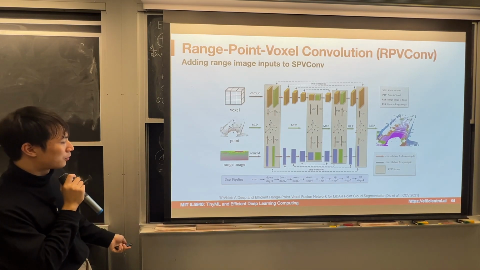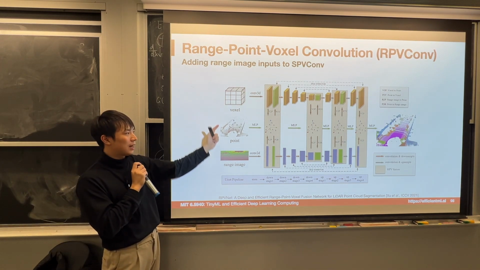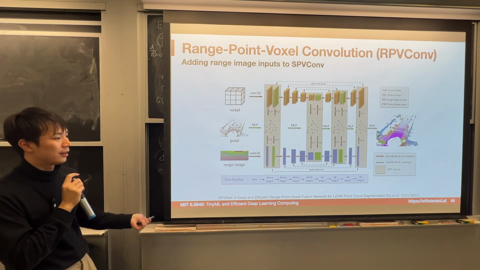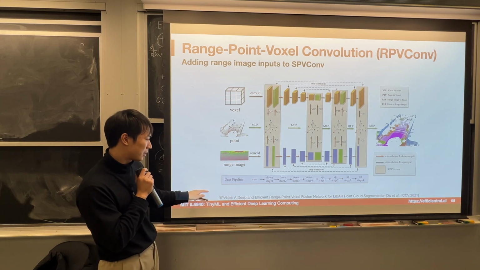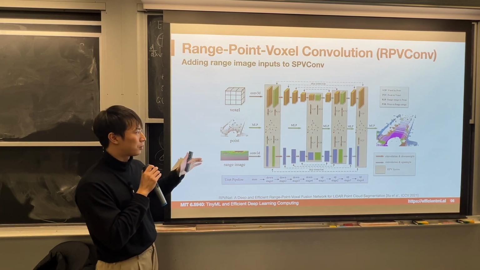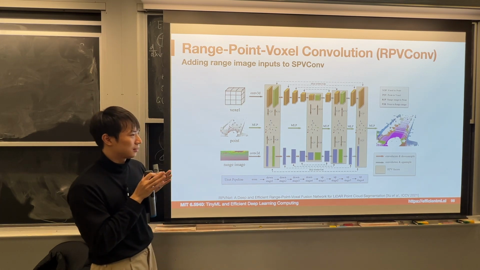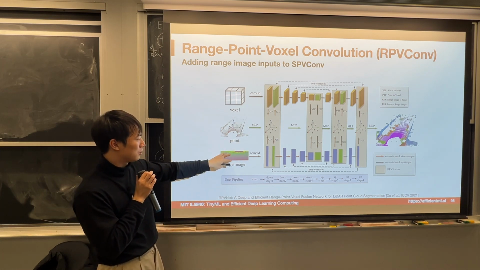For other work, as we mentioned, we have two representations: one is voxel, the other is point. Later, people also found it's possible to add even more representations for the same scene. For example, a later work proposed something called range image. This is basically about projecting the point cloud through your line of view, so that you get a 2D mapping of the range of each pixel.